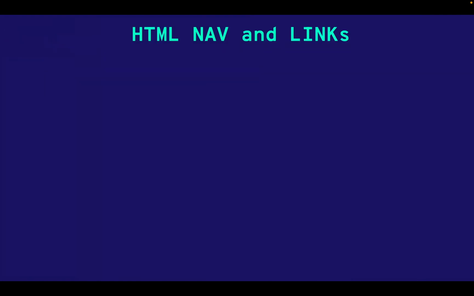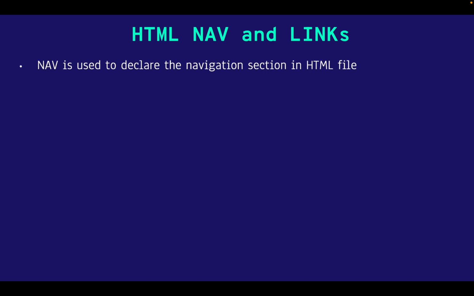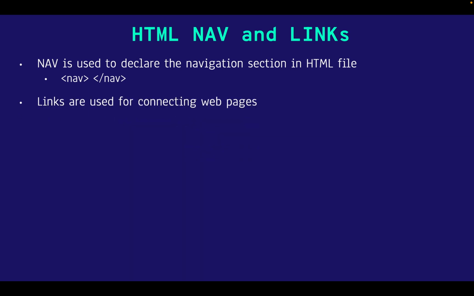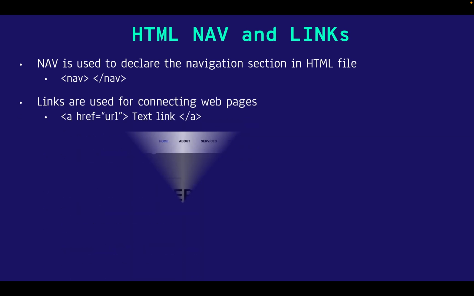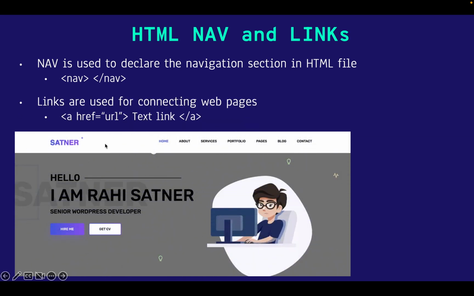So the next thing that I want to teach you guys is the HTML nav and links. So it's HTML navigation and links, right? So HTML nav is used to declare a navigation section in HTML5, right? So if you are in one page and you want to go to another page, you see this.